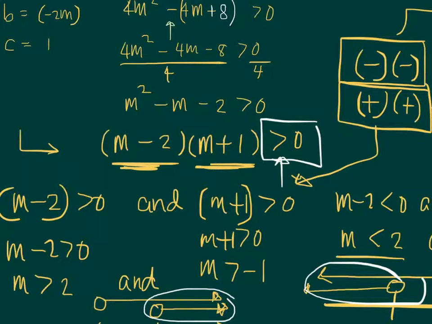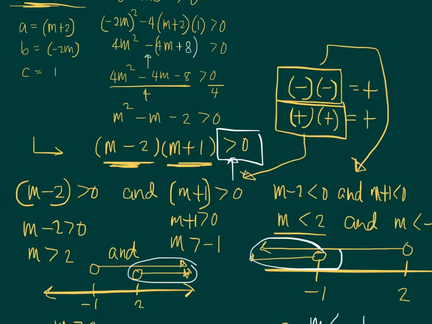I think a difficulty can only arise in working on the inequalities if you're not familiar with working on inequalities. Here I was able to show you how to use the factors in finding the values for m. Since we have two factors and they have to be greater than 0, we have two cases.